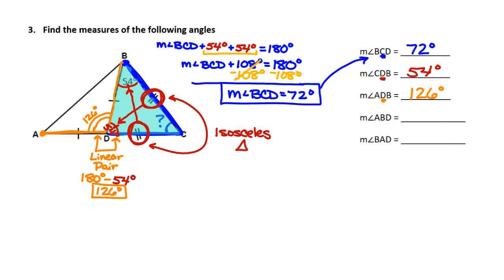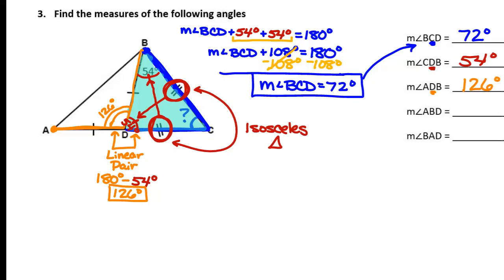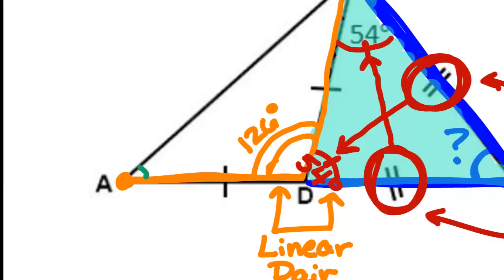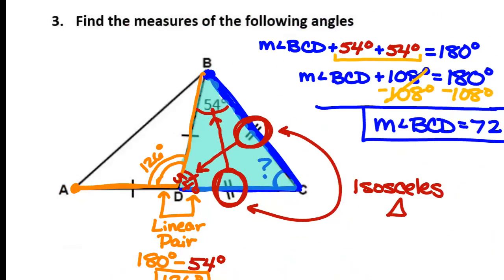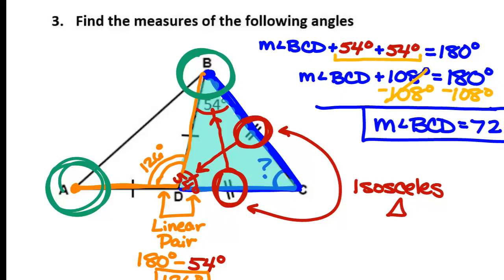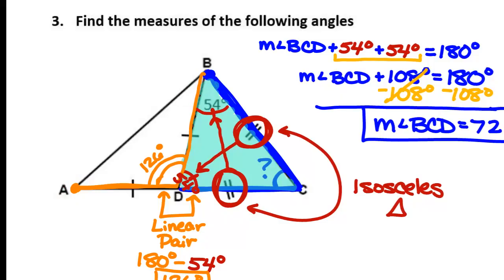All right, we have two more angles left to find. We need this angle here, and we need this angle up here. What do we know about those two angles? You could go with remote interior angles.